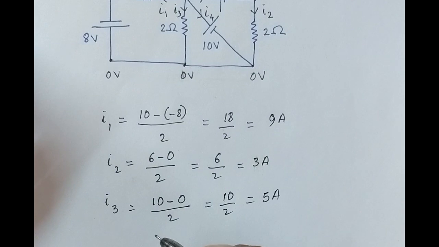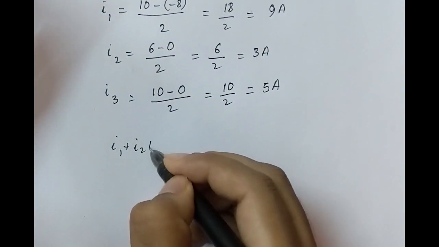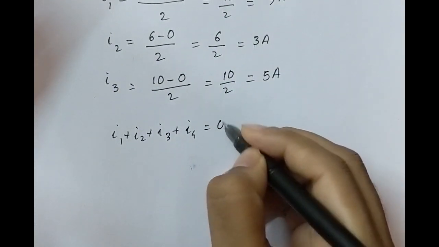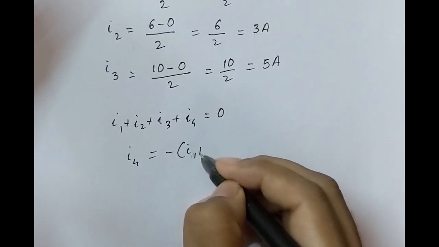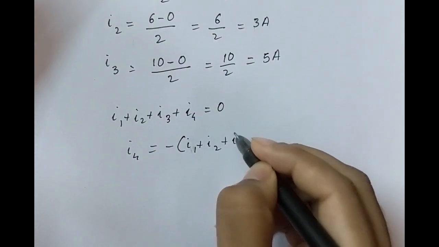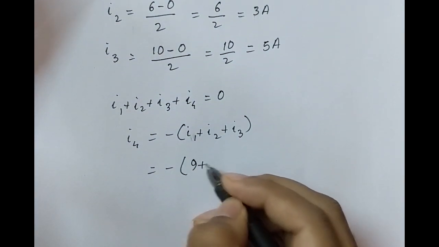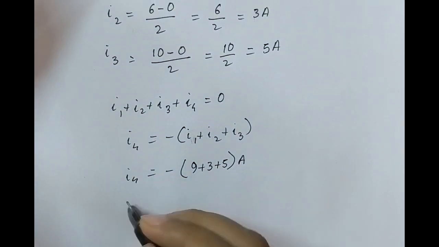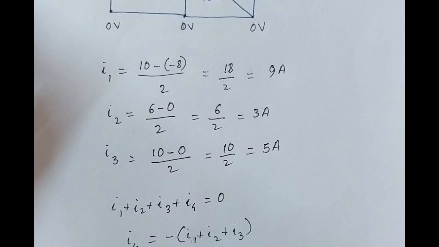Again, applying Kirchhoff's first law at this junction, I have I1 plus I2 plus I3 plus I4 is equal to 0. So I4 is equal to negative of I1 plus I2 plus I3. I put the values in. 9 plus 3 plus 5 amperes. Therefore I4 is equal to minus 17 ampere.